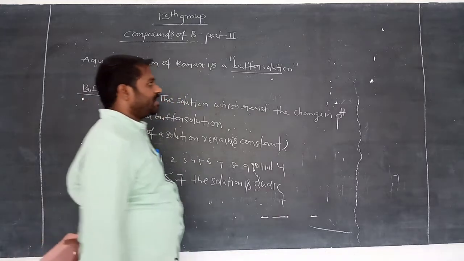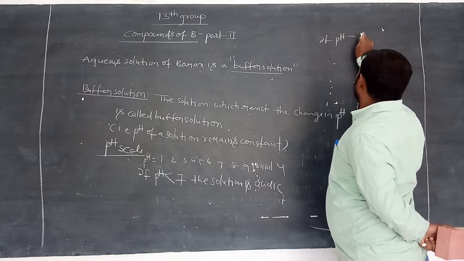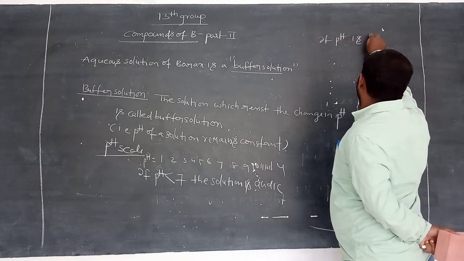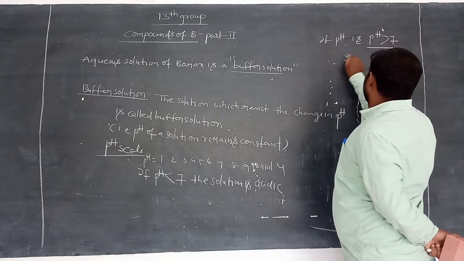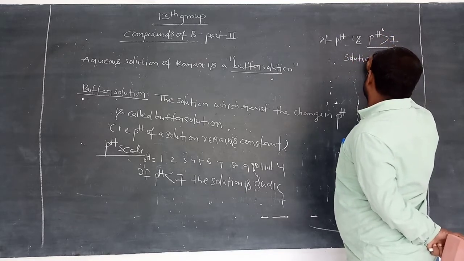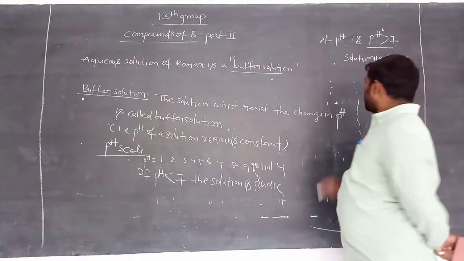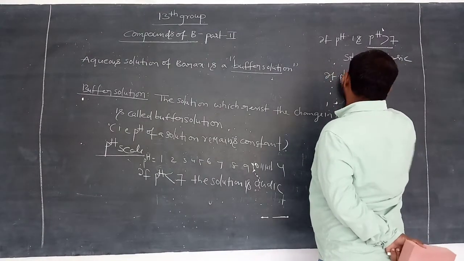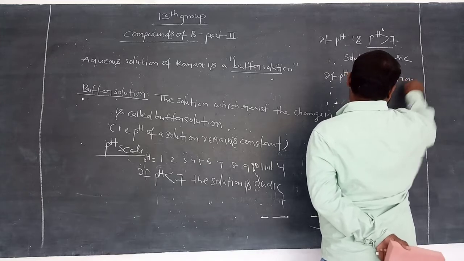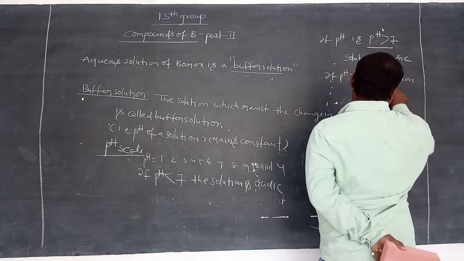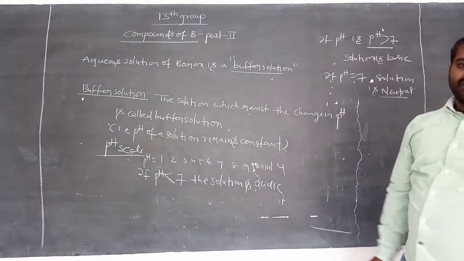If the pH value is greater than 7, the solution is basic. If pH is equal to 7, the solution is neutral. Okay, clear?